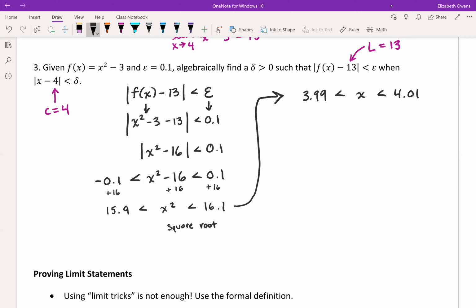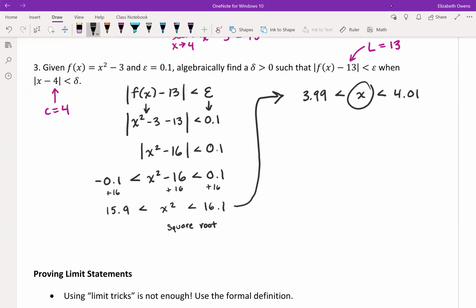So we have now an interval for our x values, but let's think about algebraically, we're focusing in on a c value of 4, and this inequality statement, absolute value of x minus 4 is less than delta.